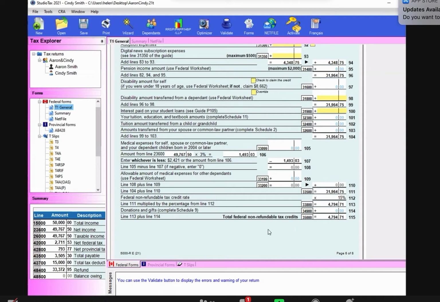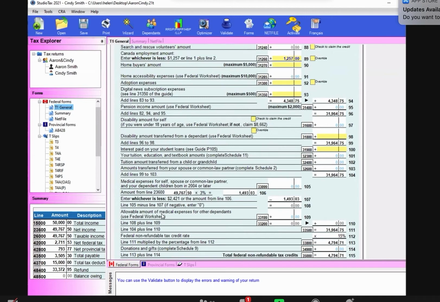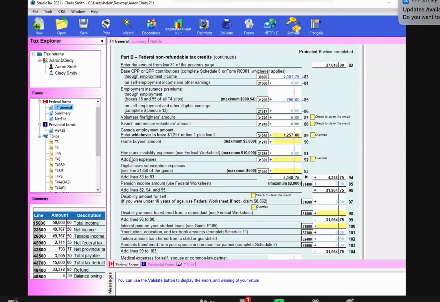It doesn't matter is correct, when the lower person's income is not too low. This one is a federal non-refundable tax credit.